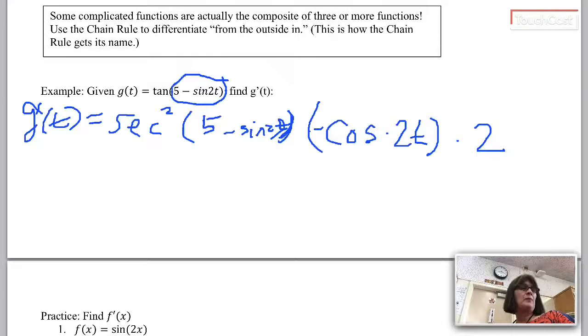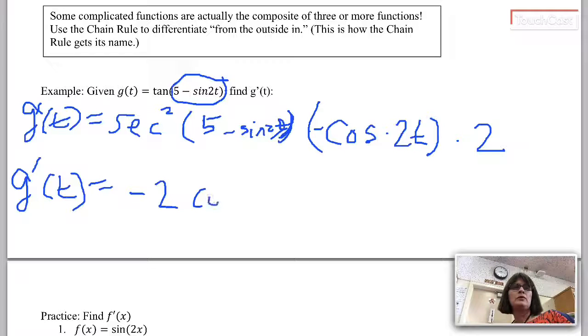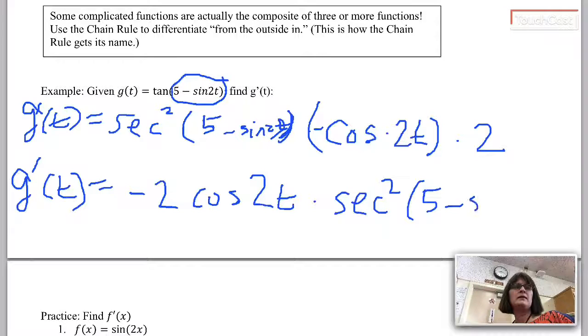So that's a great answer. You might notice on the AP test, the multiple choice section, they might rearrange those terms. These are all factors that are getting multiplied. You'll probably find g prime of t, if this were multiple choice, that would get rewritten. So it looks like negative 2 cosine of 2t times secant squared of 5 minus sine 2t.